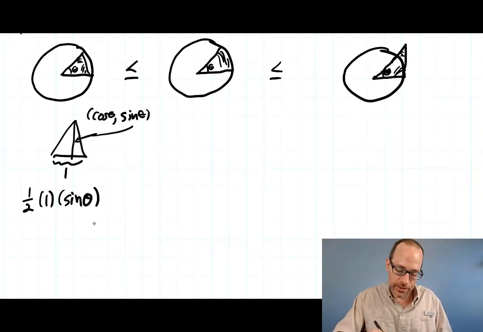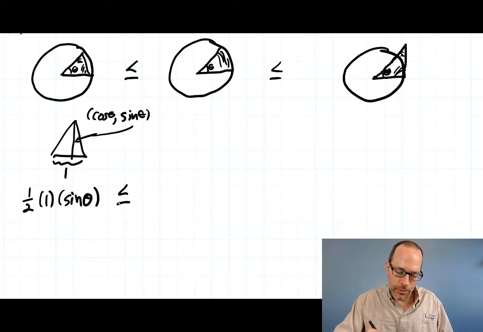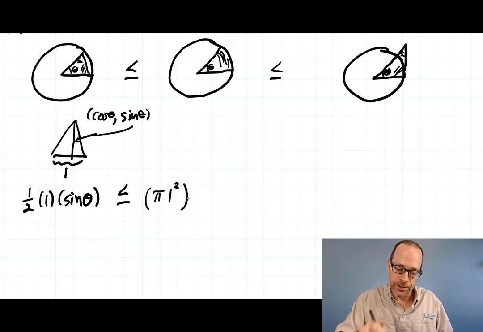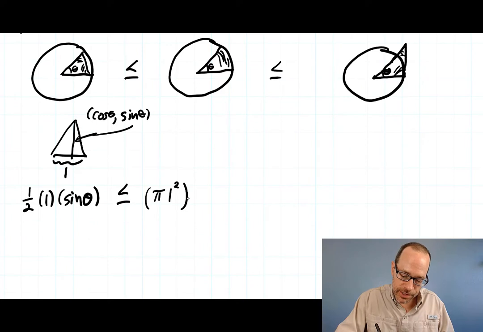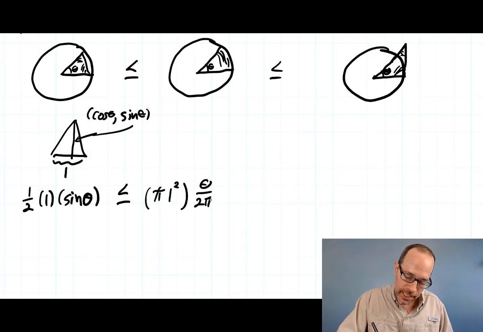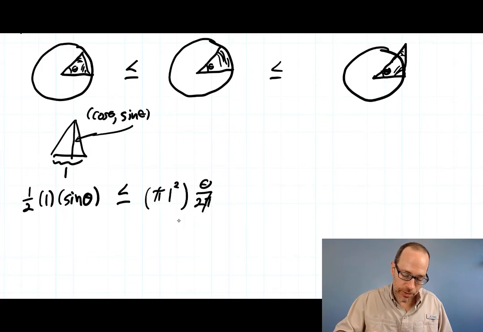And for this sector, the rule was the area of a sector is the area of the whole circle, pi r squared, times kind of the percentage of that sector, which is theta all over 2 pi. That's the percentage of the pizza you had, so to speak. The pi's cancel, and so you're just left with a theta over 2 in the middle.